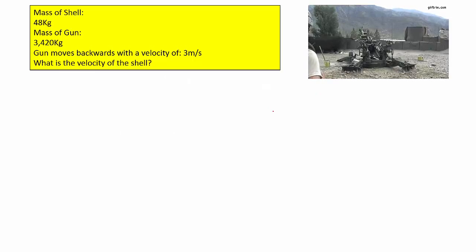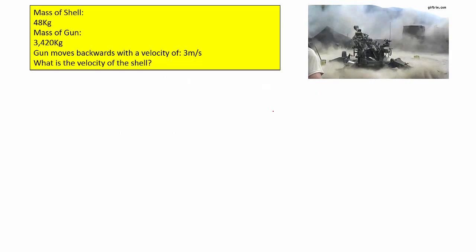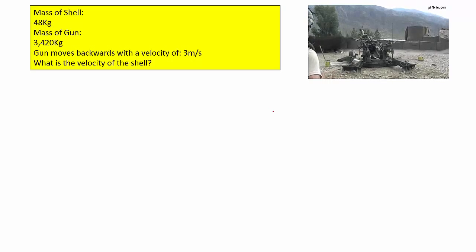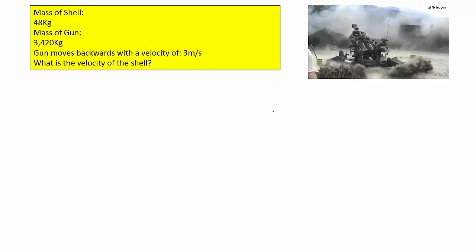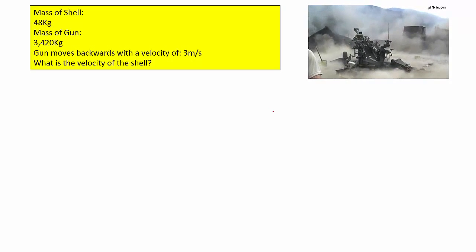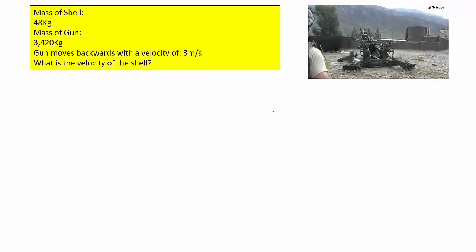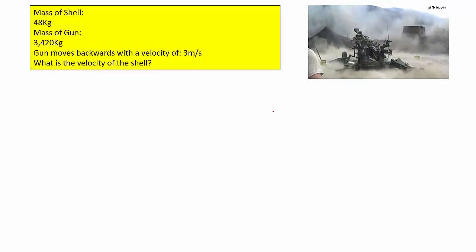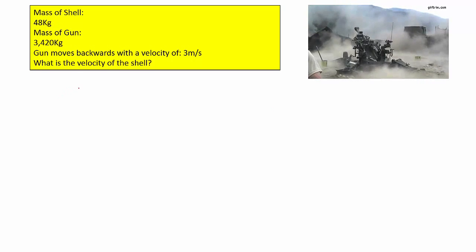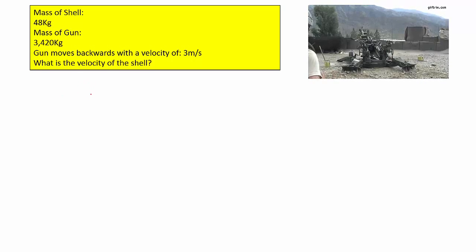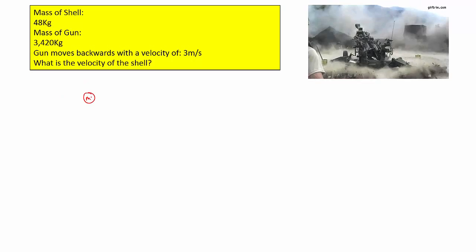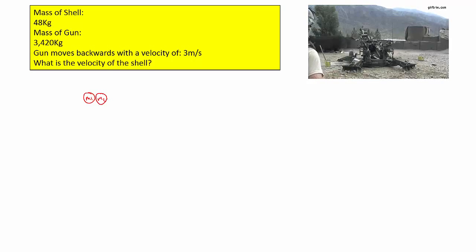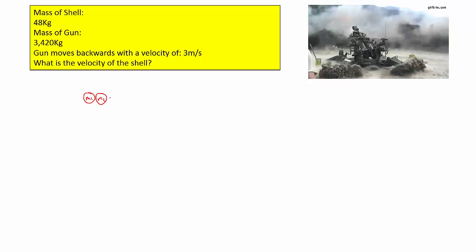Right, let's have a go at this question. Mass is equal to 48 kilograms for the shell, 3,420 kilograms for the gun. We know that the gun moves backwards with a velocity of 3 meters per second afterwards. Okay, so let's simplify this slightly in a diagram, just as I demonstrated before. So we've got mass 1 and we've got mass 2. This is an explosion, they're starting together.